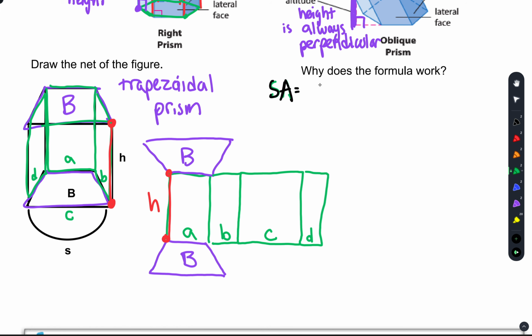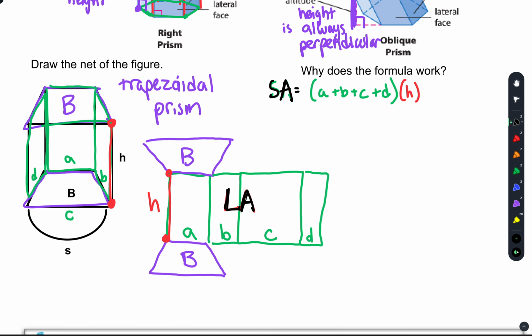So let's say A plus B plus C plus D, that's the width of my rectangle, times the height of that rectangle. The height of that rectangle is H. That gets me that green area in the middle. We're going to refer to that as LA for lateral area. You're going to see that abbreviation quite often.